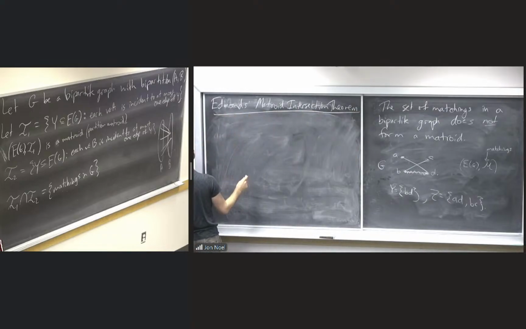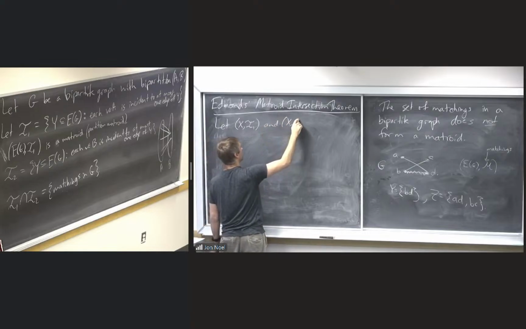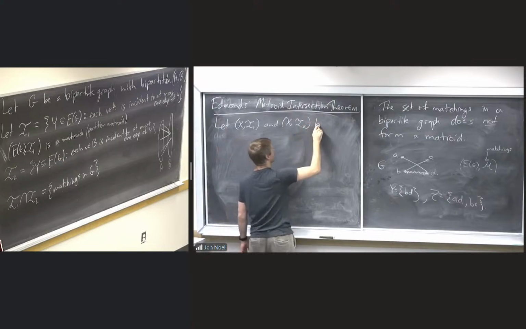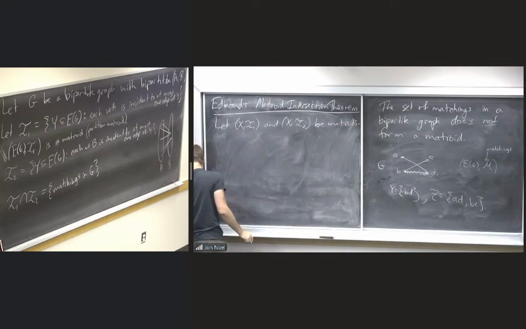It says I'm going to take two matroids with the same ground set, X, I1 and X, I2.